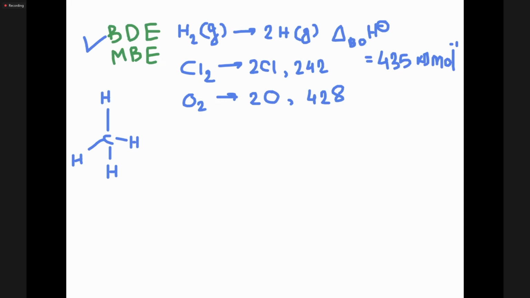The overall thermochemical equation, if we atomize methane, will be CH4 in gas producing 1 carbon in gas phase plus 4 hydrogen in gas phase.